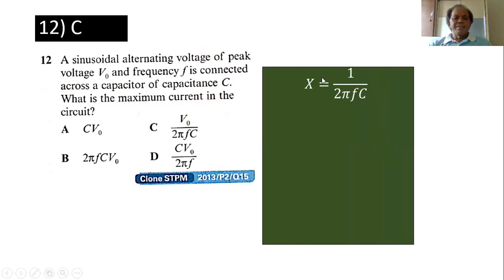Right, remember the formula, capacitive reactance, calculate it up, put in your value. And remember this value, you want I naught is V naught over X. So put your X inside there, it becomes your 2 pi F C V naught. Okay, B. Okay or not? If okay, let's go to the next question.